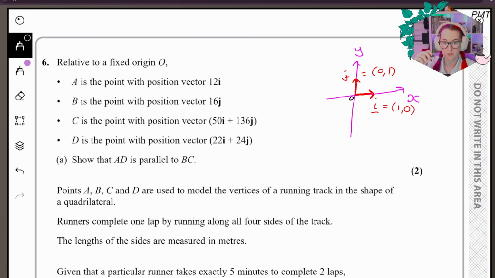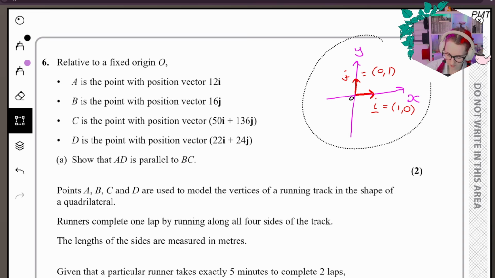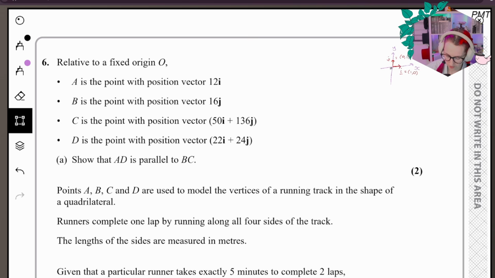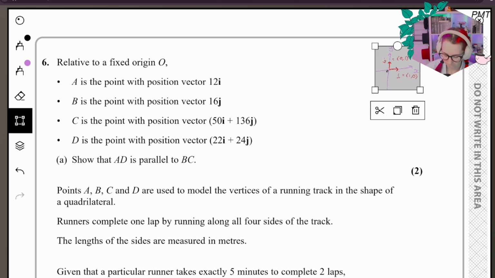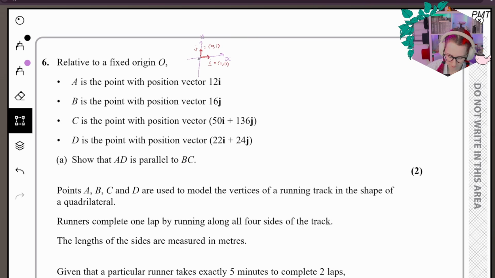Okay, so we have relative to a fixed point origin, which is like the center, A is the point with position vector 12i. So that's 12 lots of that one vector in the x-axis. B is 16j. C is 50i plus 136j. Geez. D is the point with 22i, 24j. So I'm going to take that, shrink it, plonk it over there.